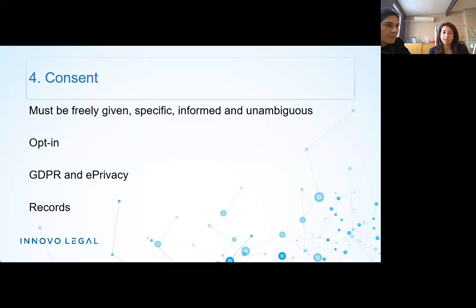Exactly. The second piece is there's a distinction in the e-privacy directive, the PECR, between B2C and B2B. B2B is outside the PECR, the e-privacy directive, but is under the GDPR. If you do B2C, which also includes sole traders and partnerships, but doesn't include companies, you have to also comply with the PECR.